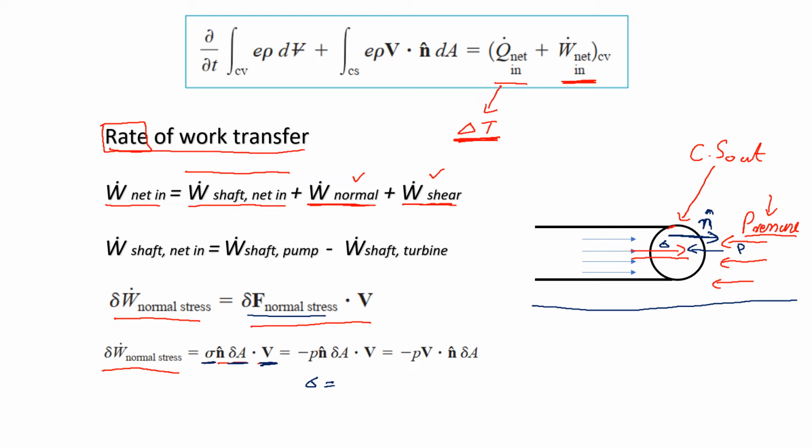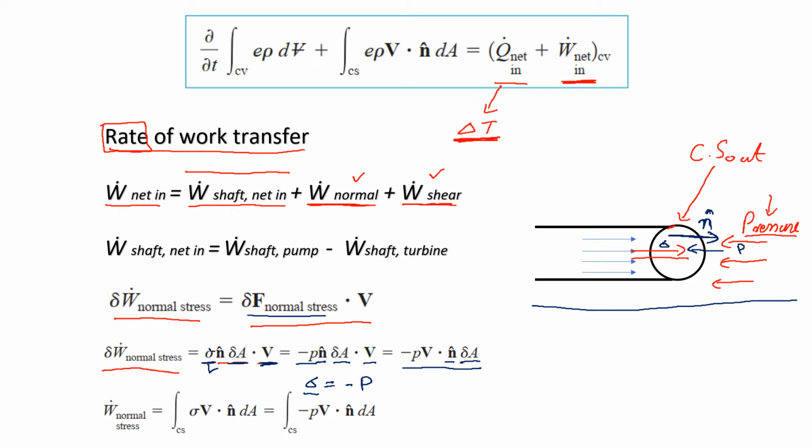So I can write that my normal stress is equal to negative of my pressure. So I will put negative P in terms of stress here. So now I get negative P n unit vector delta area dot V, and to simplify it a bit further, I get minus P, P is for pressure, V is for velocity, dot n unit vector delta A. So this is the work that is required to overcome these normal stresses that are occurring on this control surface.